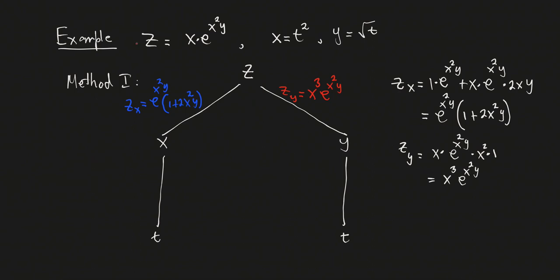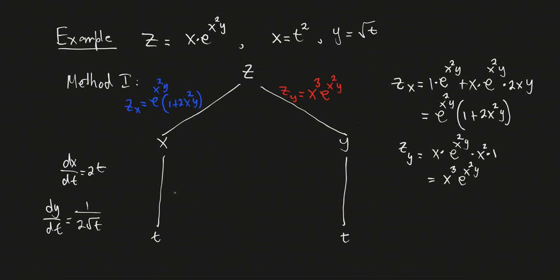Now the other branches. Now we have to differentiate x with respect to t. So again, maybe I'll do this on this side. So dx dt, that one's a whole lot easier. You have one variable here and then another variable here. So this one ends up being 2t. And we can also do dy dt right away. This is a regular square root. When we differentiate it, we're going to get 1 over 2 root t.